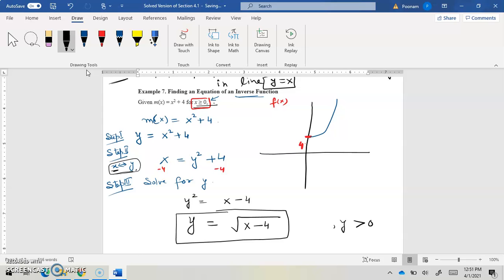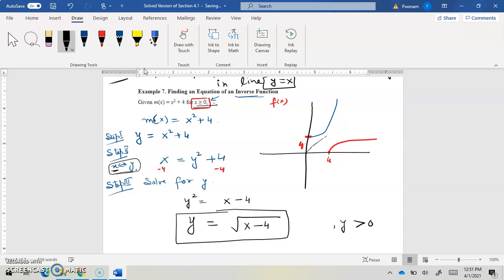So actually you can draw the graph of square root of x minus 4. That would be the graph here. And as we just talked, that is the mirror image in the line which is y is equal to x.